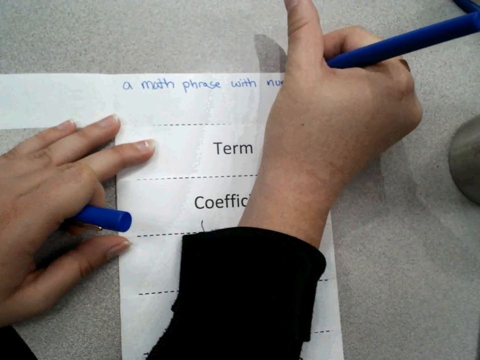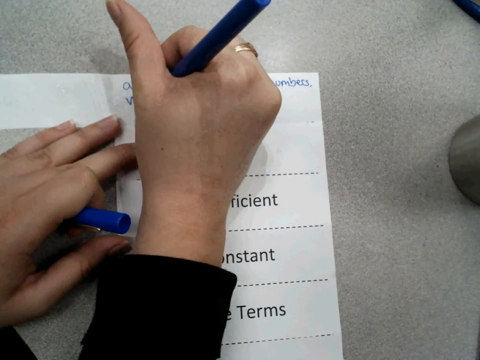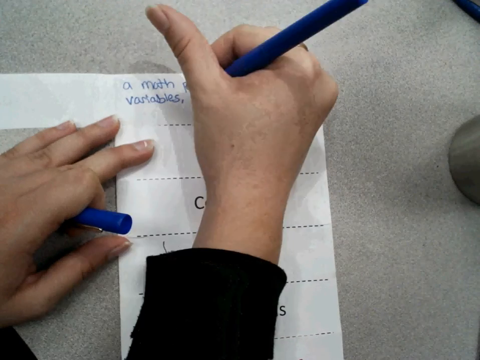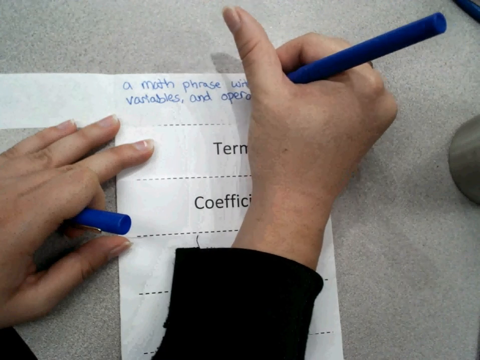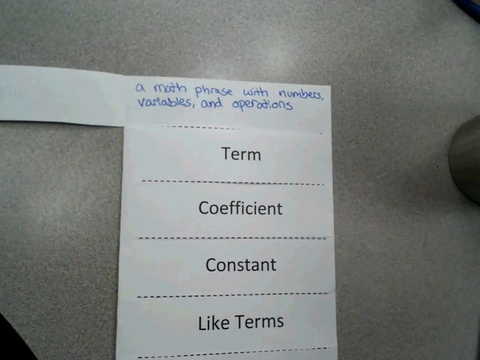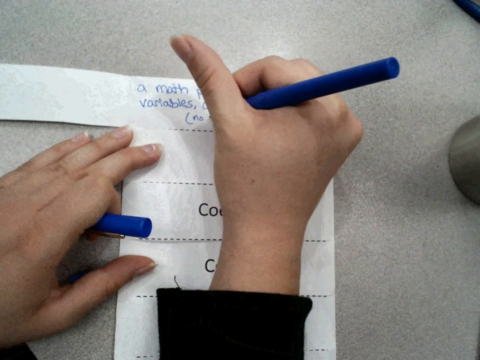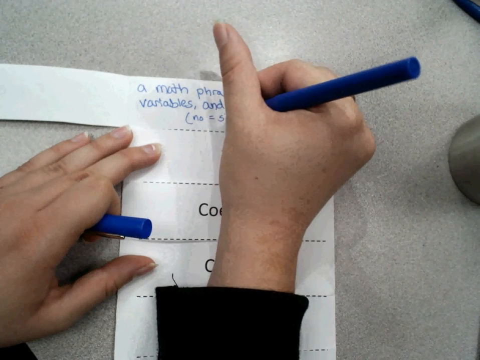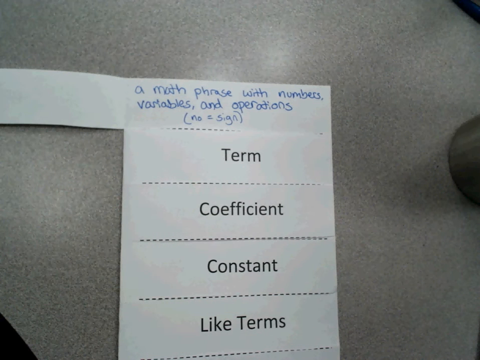So numbers, variables, and operations. The difference between an expression and an equation is that an expression has no equal sign. It's just numbers and variables in between operations.